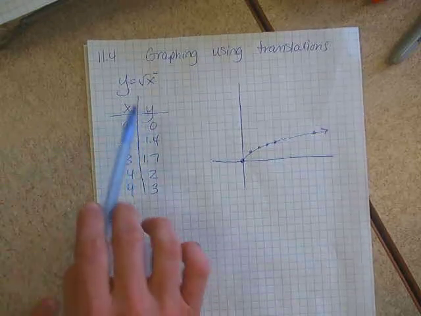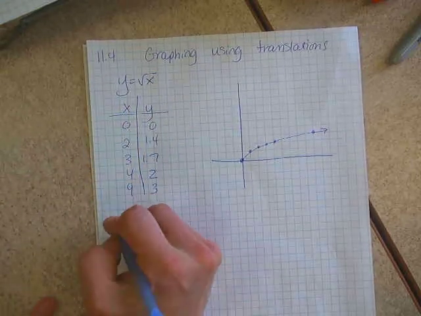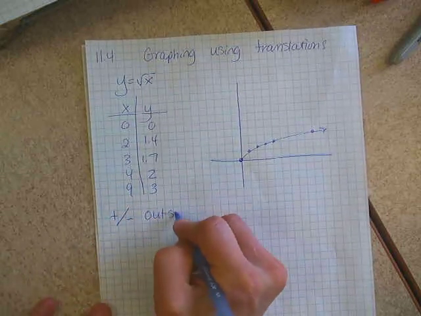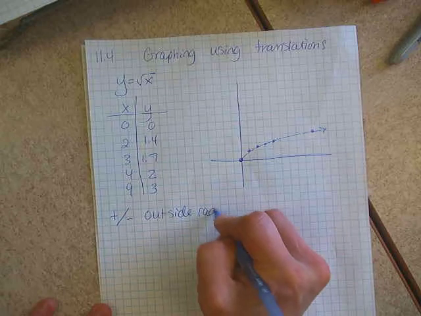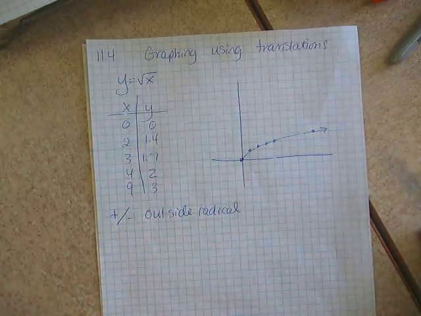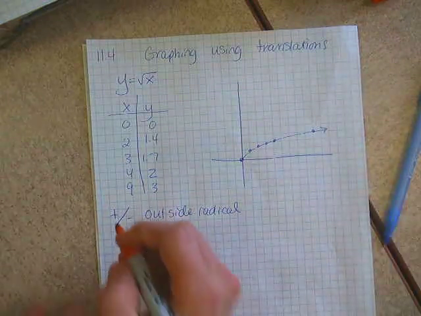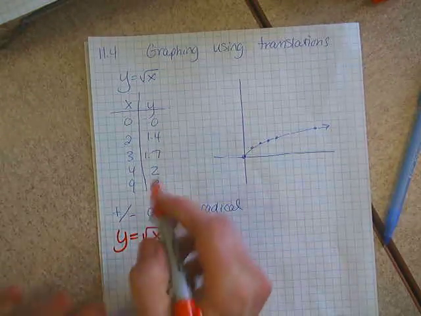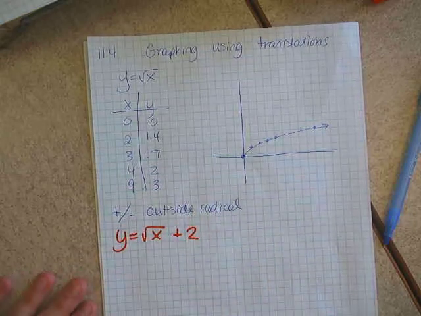Okay, the next thing we're going to do to this is add or subtract a number outside the radical. So, we're going to look at the square root of x plus 2.